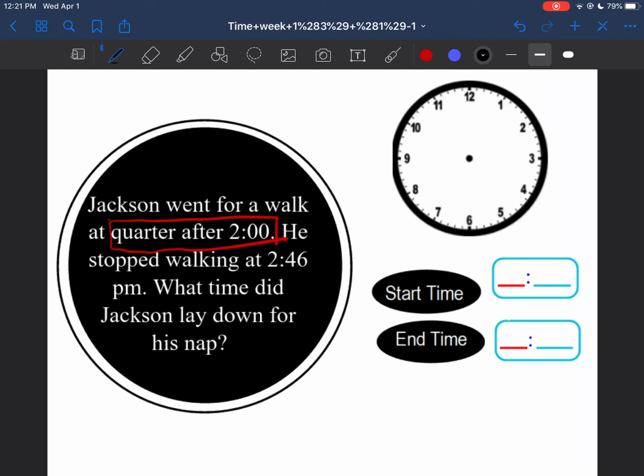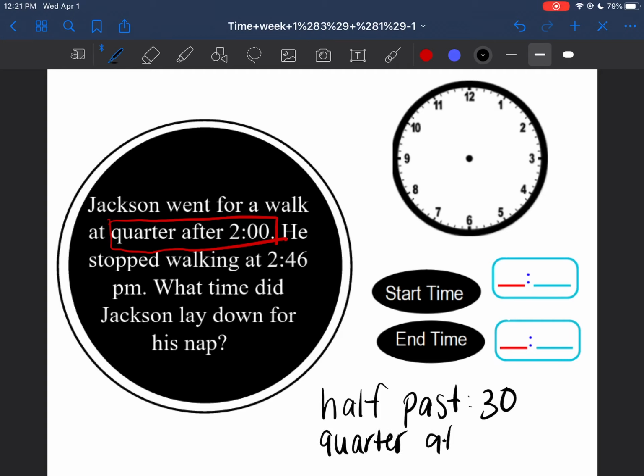Well, think back to the day before. We talked about 3 vocabulary terms that we needed to know. We needed to know about half past, which is 30 minutes past the hour, which is not what this problem is talking about. Then we also needed to know quarter after and quarter till. Now, quarter after, remember, is 15 minutes after the hour.